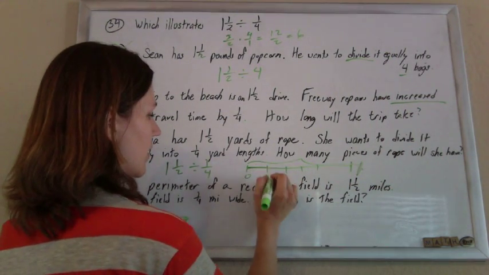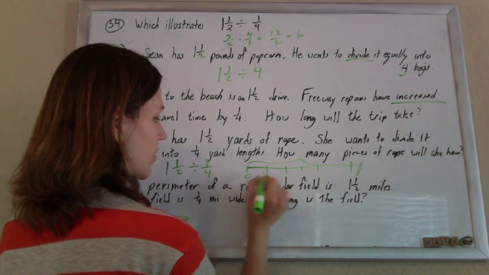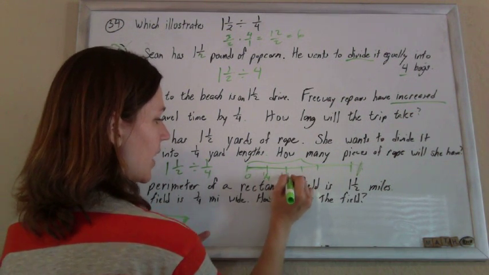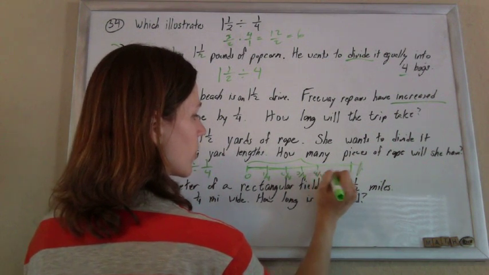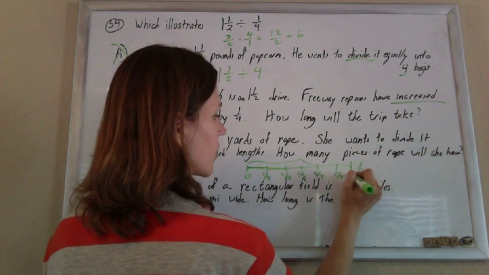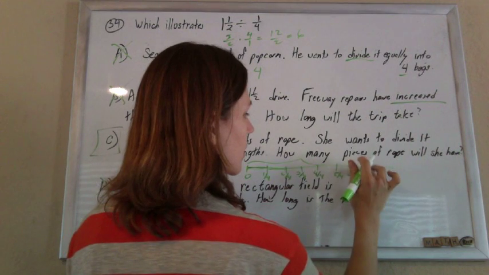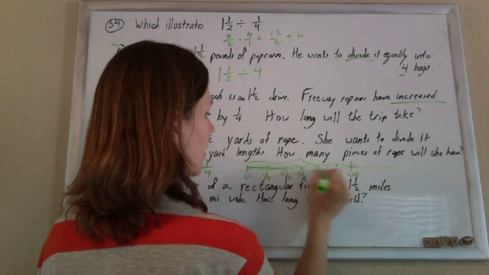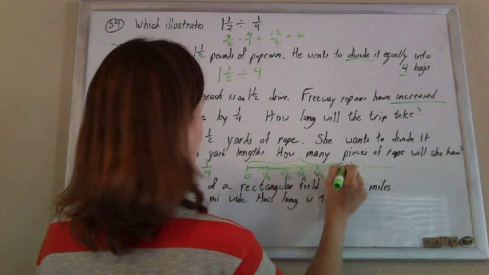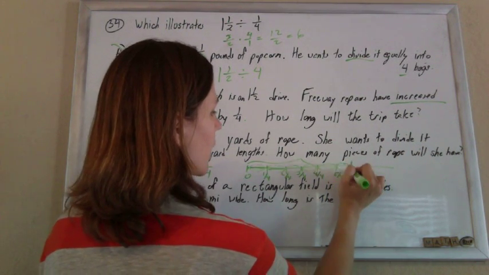So let's see. She could have 1/4, and then if she added another one, she'd have 2/4, 3/4, 4/4, 5/4, 6/4. So right now she's got 1, 2, 3, 4, 5, 6 pieces, right?